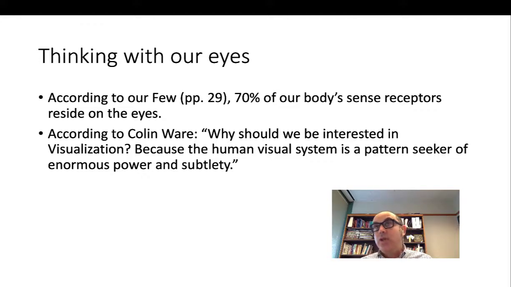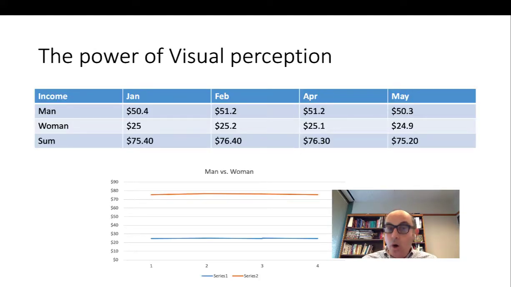So how should we interpret visualization? Because according to Ware in 2007, the human visual system is a pattern seeking with enormous power and stability in order for us to understand that. Okay, so what does it really mean?